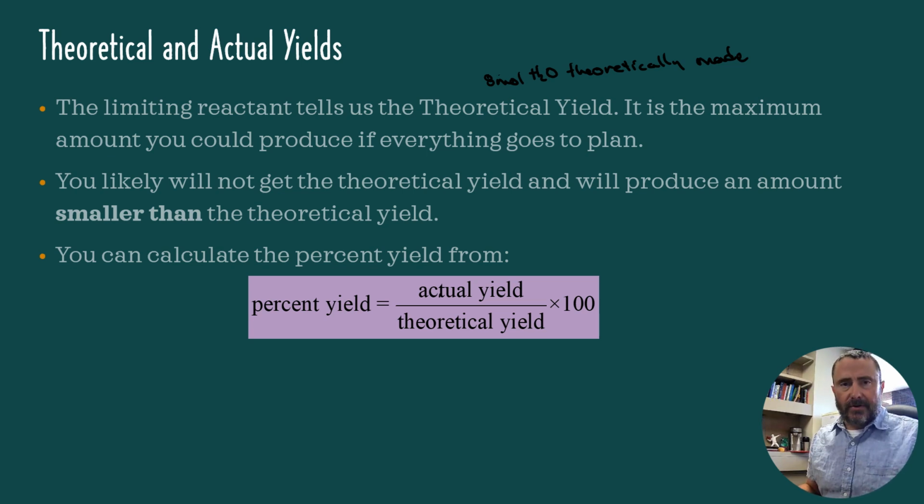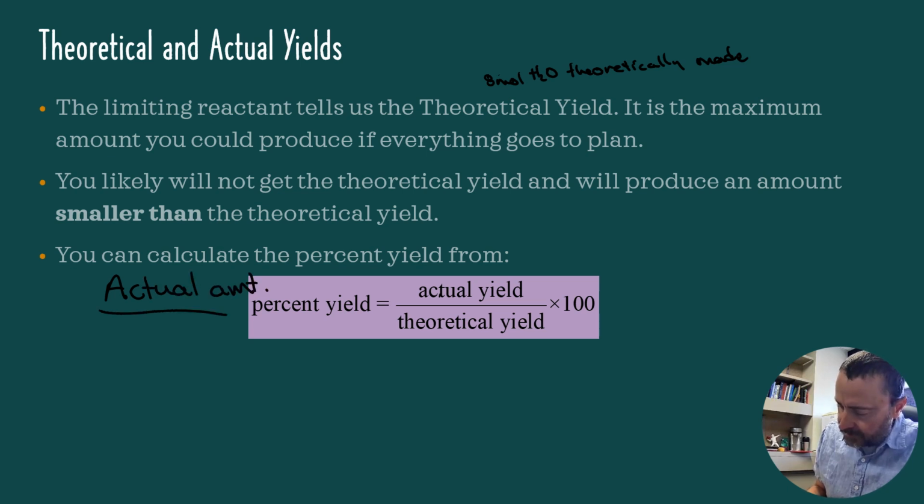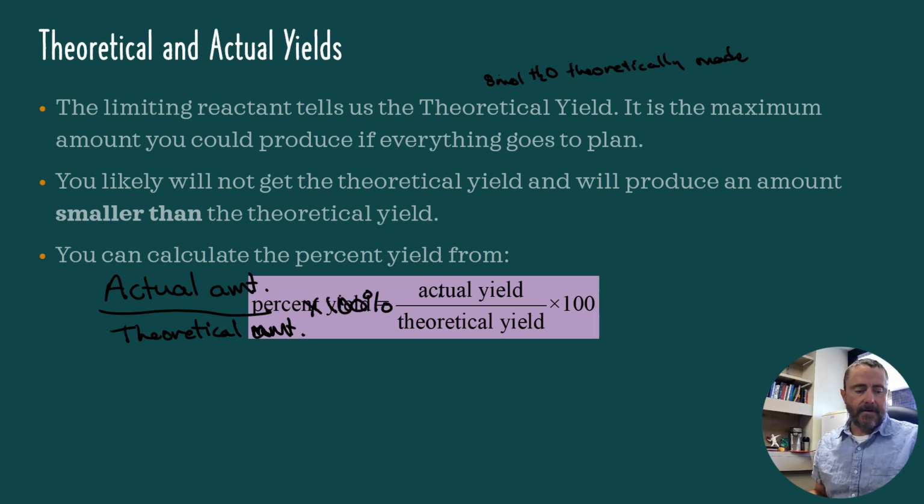So you can calculate the percent yield by taking the actual amount divided by the theoretical amount, times 100.